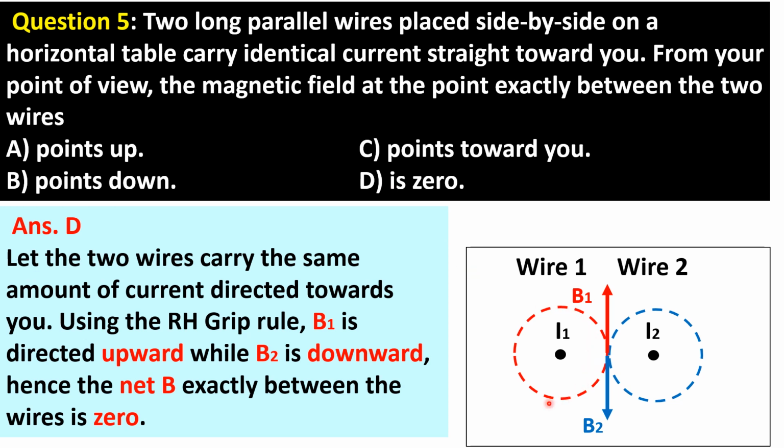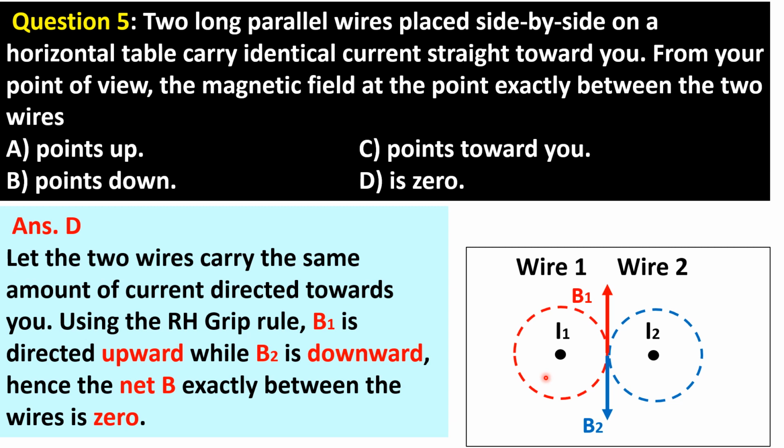So I draw a broken circle, not a solid circle, which represents the magnetic field. Use your right hand, because we are assuming that the current we're talking about is conventional current. You grip the wire in such a manner that the direction of the current is represented by your thumb.